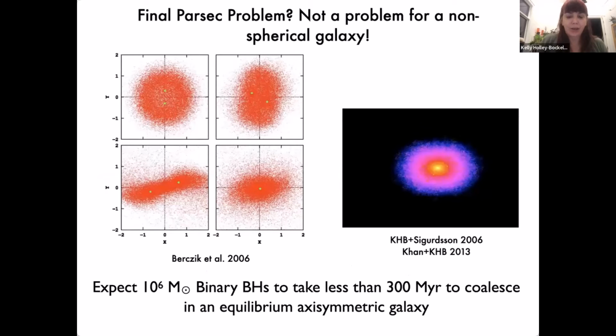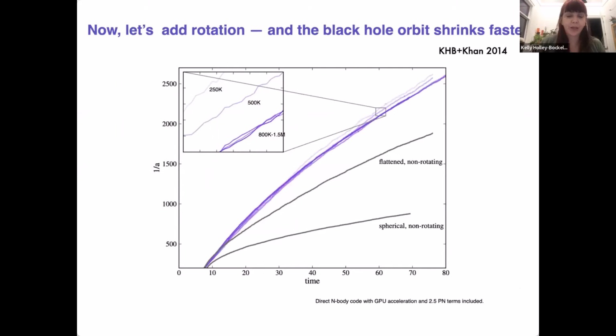Okay, so if we had roughly 2 × 10⁶ solar mass binaries, then we calculated that it would take roughly 300 million years to merge in this very equilibrium type galaxy, but just flattened. And then over the years, we started making things more complicated by adding rotation and by doing triaxial systems.